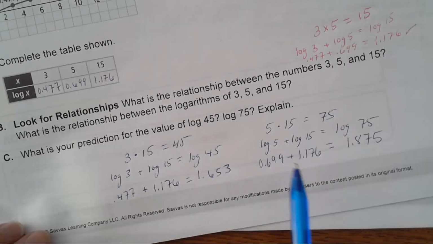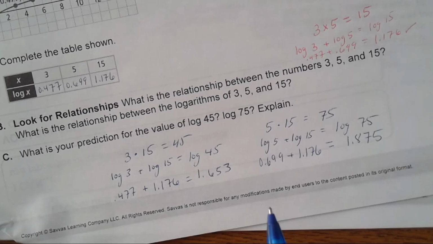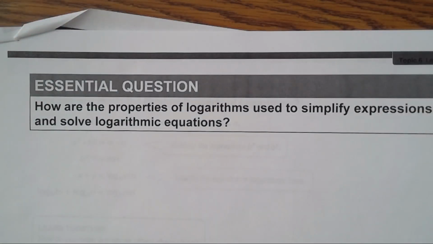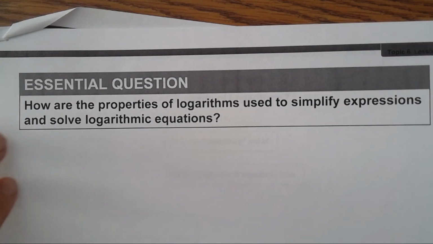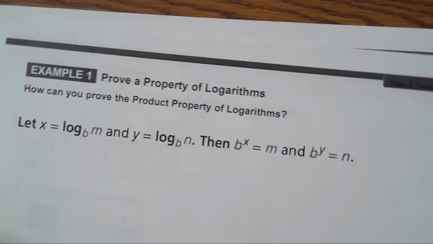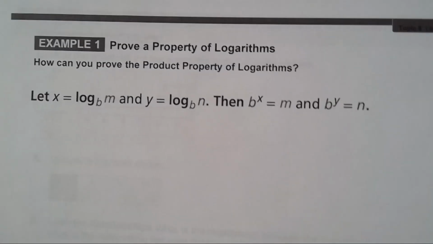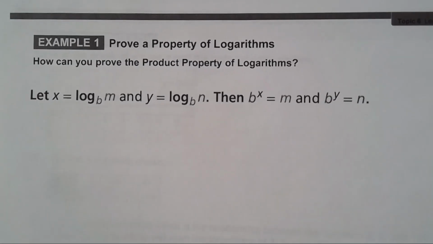So how is this going to help us with our properties? How are the properties of a log used to simplify expressions and solve logarithmic equations? Okay, you don't have to write this down, I just want you to watch.